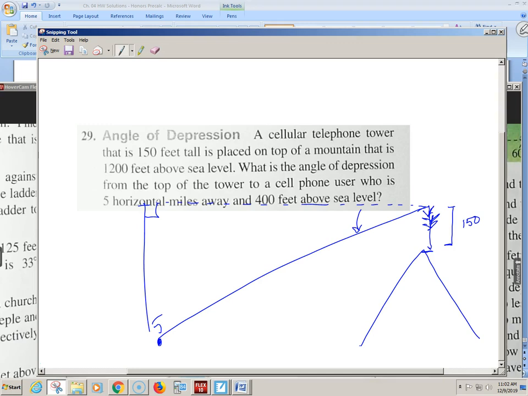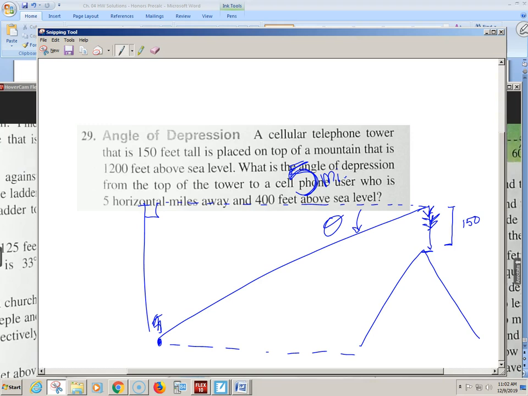But we don't know the theta. That's okay. What do we know? The 5 is how far away. But couldn't we also just make this 5, if 5 miles is how far away from the mountain? Now, some of you are like, wait, where's the cell tower in the mountain?